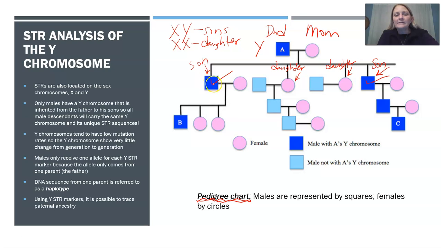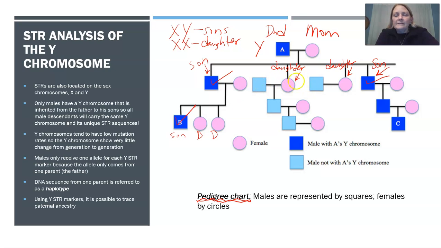Okay, and then when this son gets married, it looks like that son had 3 kids, another son and a daughter and a daughter. And so this kid also has the same Y chromosome as the grandfather, right? So here's the grandfather, the father, and the son.